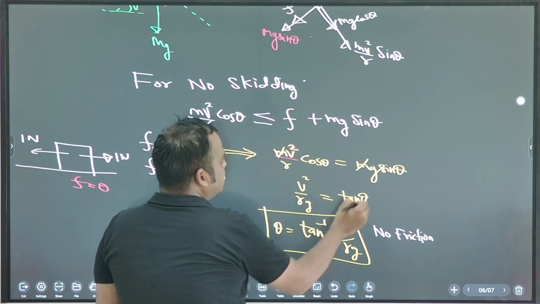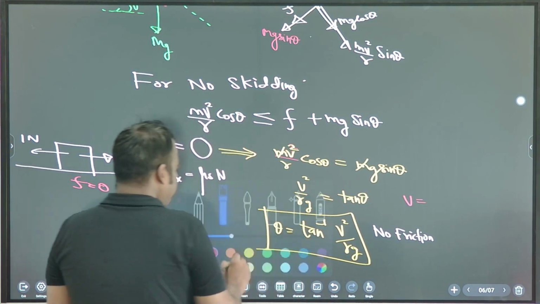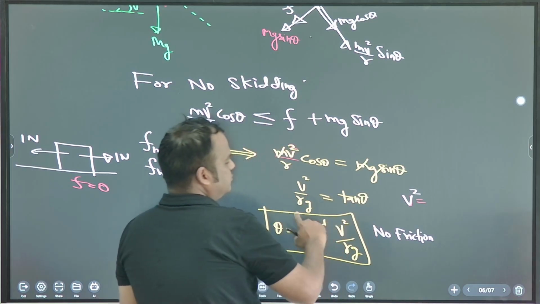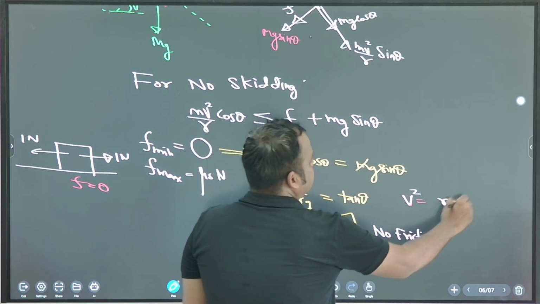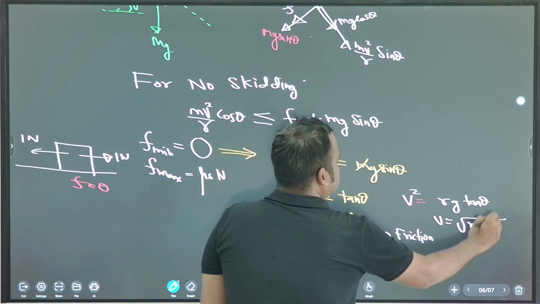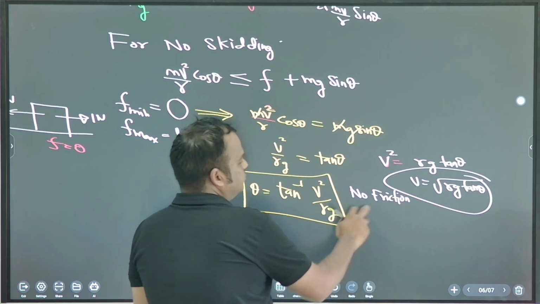So what is the condition for friction to be 0? What should be the speed? Tell me, what is V square? Rg tan theta. So V will be the square root of Rg tan theta. So friction is avoided. Okay, no friction.